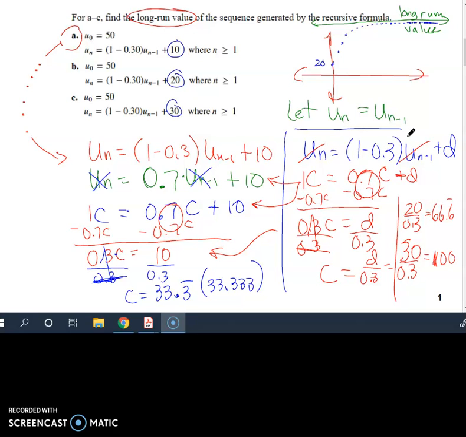So since the problem is the same problem, we could actually replace the number at the end, the D value, with the letter D, and just write a general equation that will work for any problem that looks like this. And so it would be C is equal to D divided by 0.3.